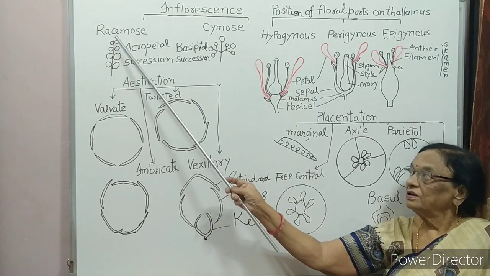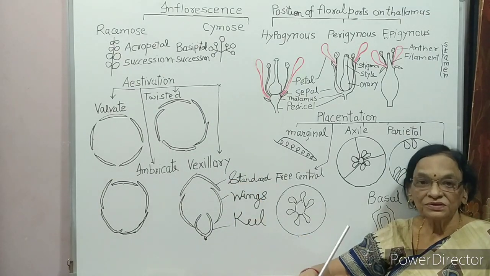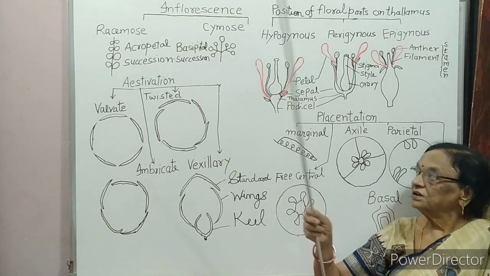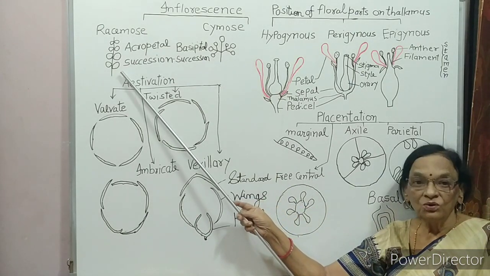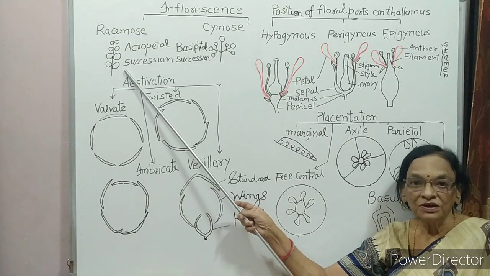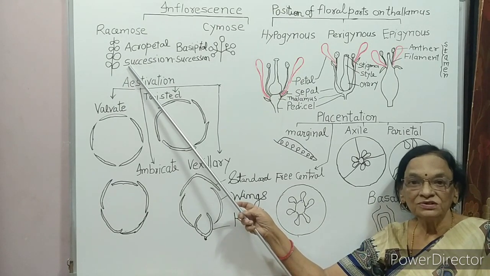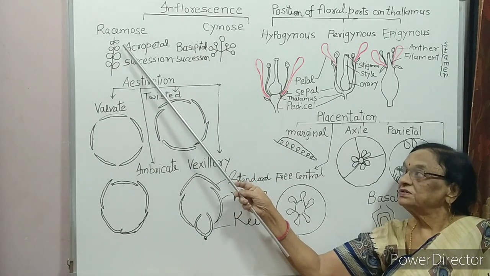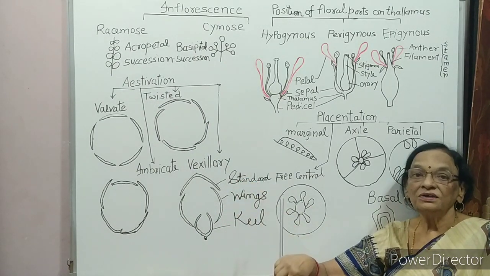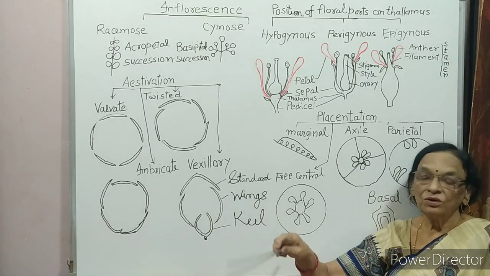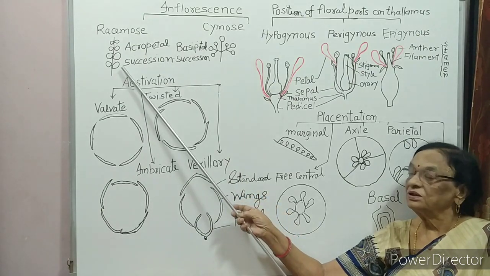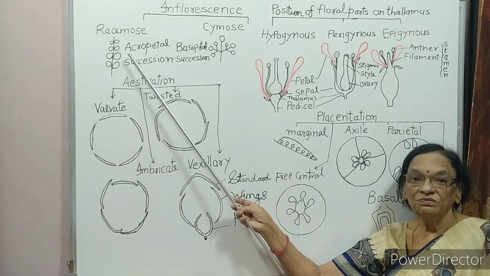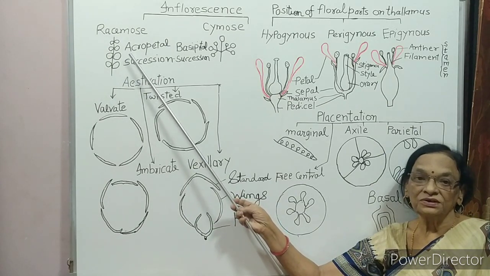Due to apical meristem. Here the flowers towards the lower side are old, and towards the upper side are young flowers.